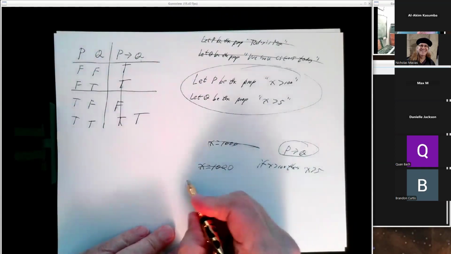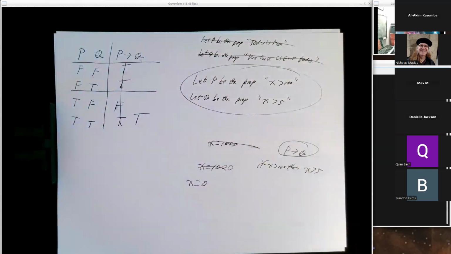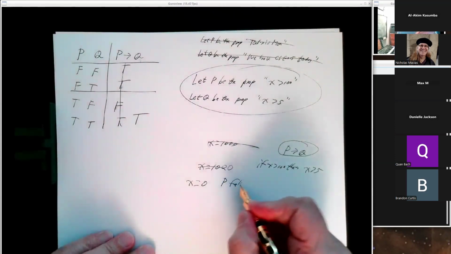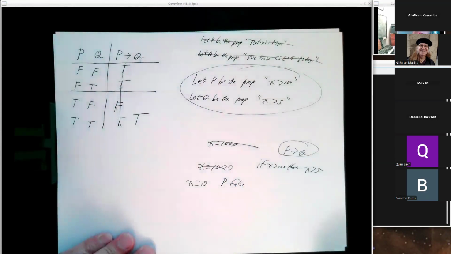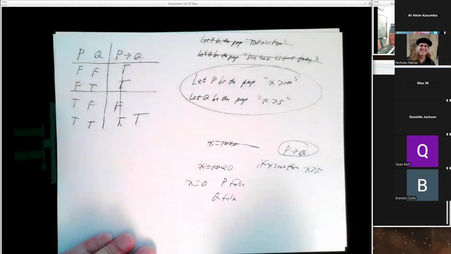What if I pick X equal to 0? So is P true or false? X equals 0. False. P is false. And what about Q? False. Q is false because 0 is not bigger than 5.